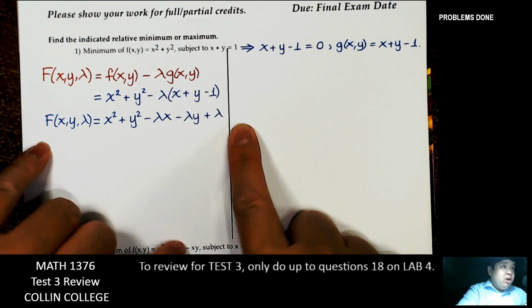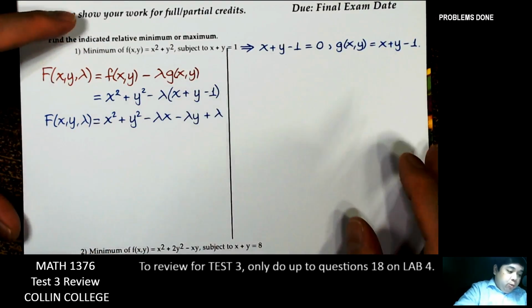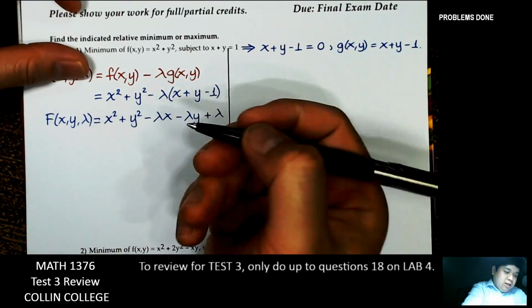So that will be the first part of the problem. If they only ask you to set up the function, that's all we do. Now to find the point from here, I will take derivative with respect to x, y, and then lambda.